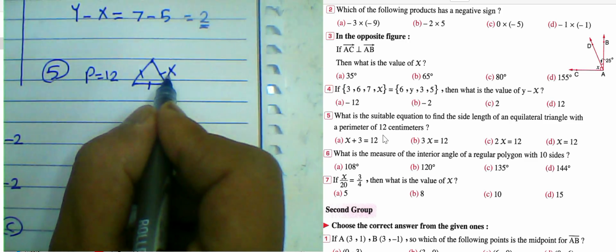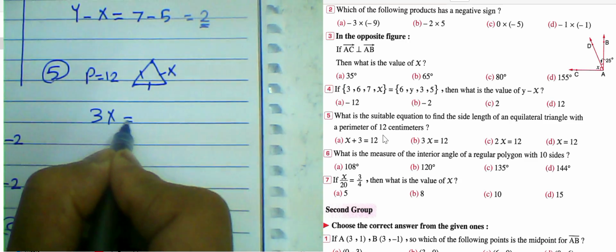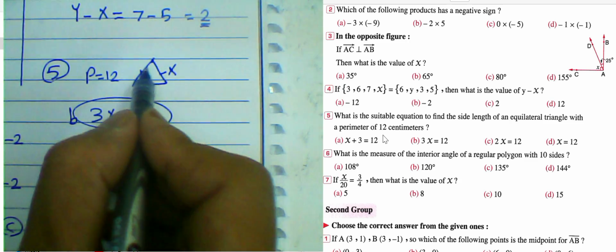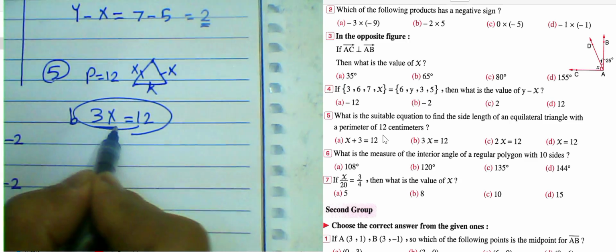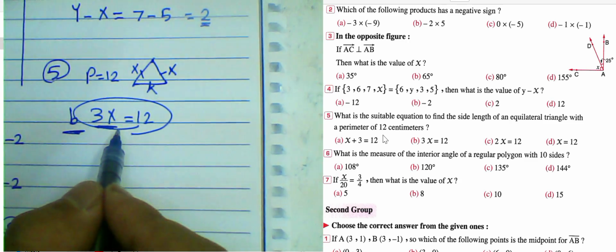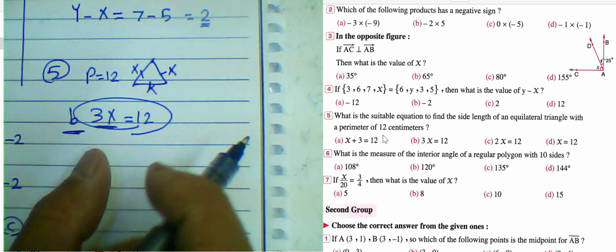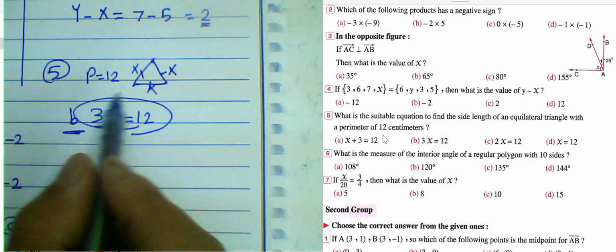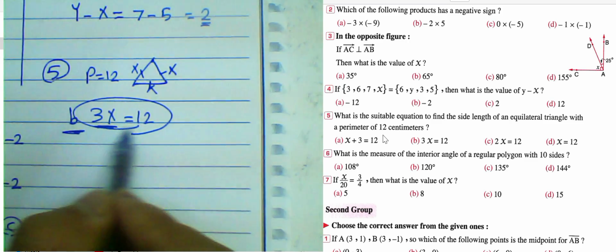If the side length is x, then 3x will be 12. So we must choose letter B, because the perimeter x plus x plus x will be 3x, and 3x equals 12. Understood? Because we have an equilateral triangle, all sides are equal in length, so the perimeter will be the side length multiplied by 3. 3x equals 12.